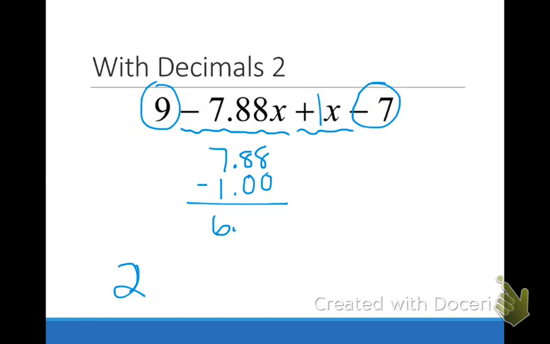And I end up with 6.88. However, in my original expression, I see that the 7.88, which is the larger number, was negative. So I'm going to have negative 6.88x as the second term of my answer. So 2 minus 6.88x.